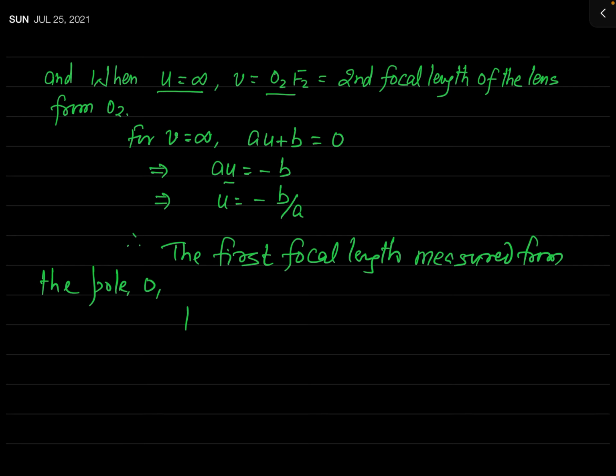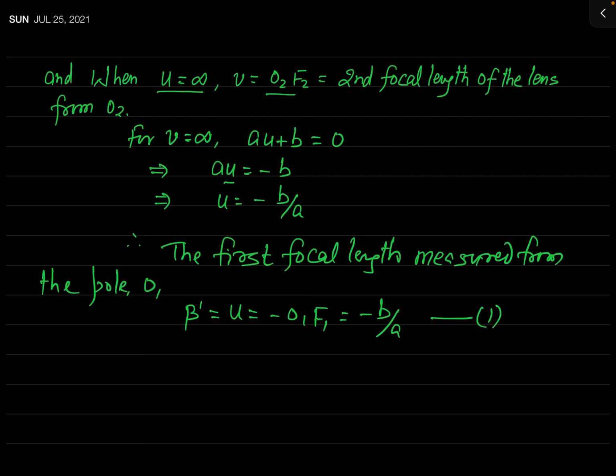If you denote this by beta prime, not by f prime. F prime will be denoted again for focal length, but that will be another situation. So we denote it by the symbol beta prime, and this beta prime will be simply equal to u, and that is equal to minus O1F1 according to the figure, and that will be equal to minus b by a, and say this is equation 1.